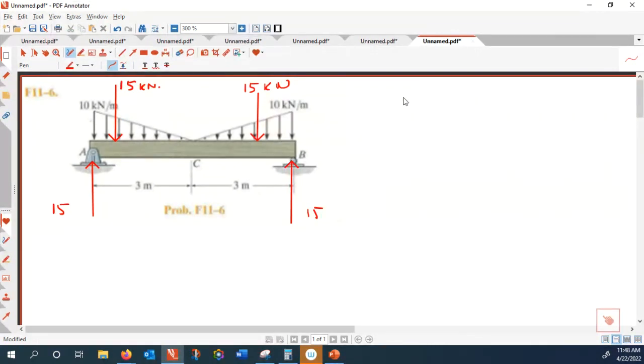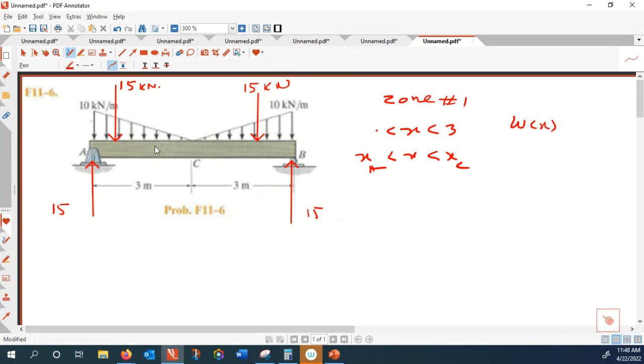So zone number 1, that is x between 0 to 3, that is between x of A and x of C. And now we have the most challenging part of this problem, which is to identify W of x for this zone.